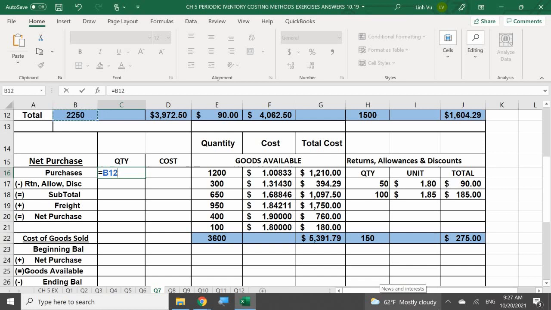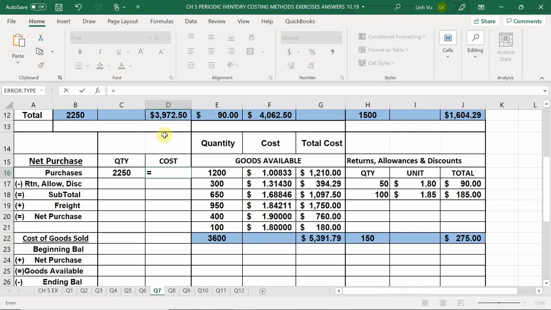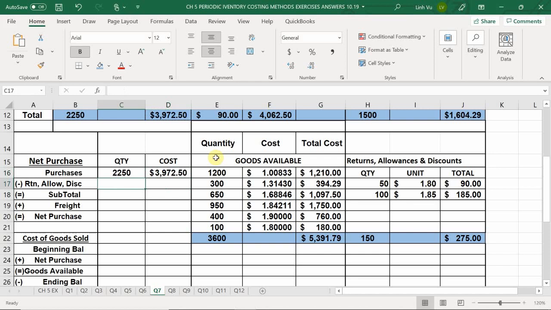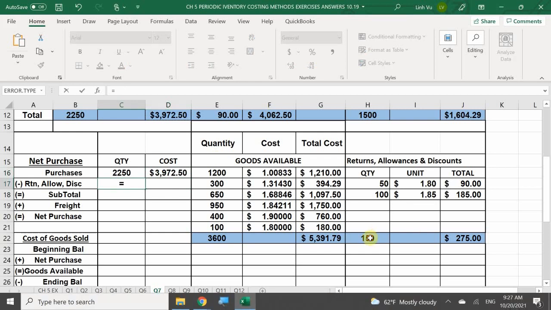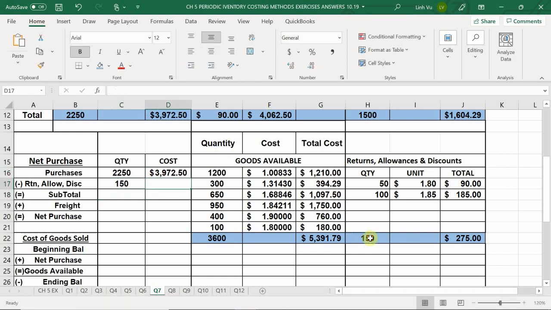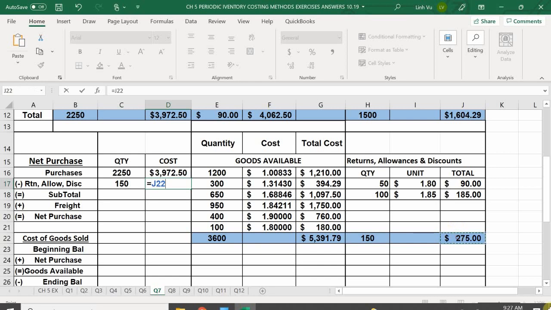Total items are 2,250. 2,250, right? At a total original purchase price of $3,972.50. Good.